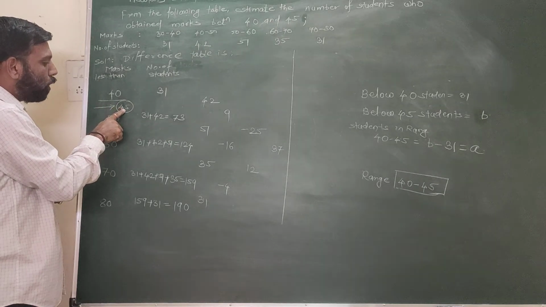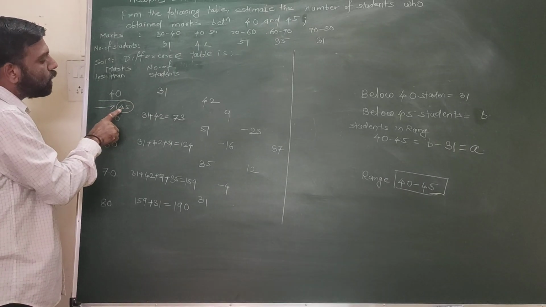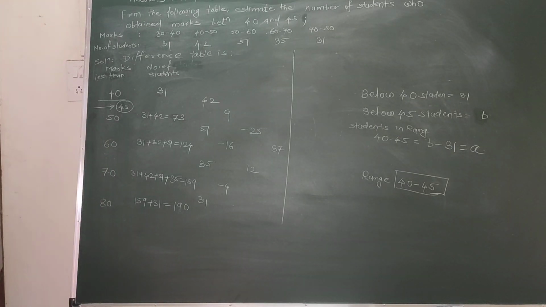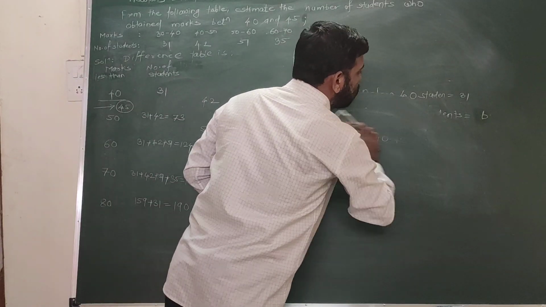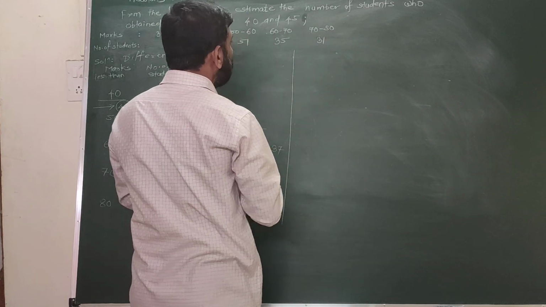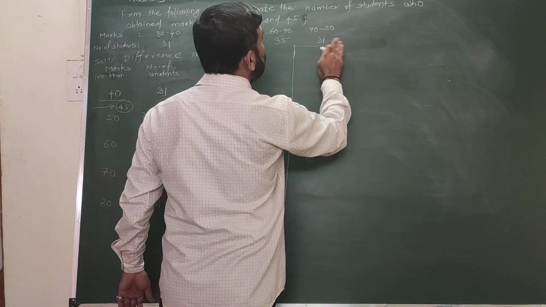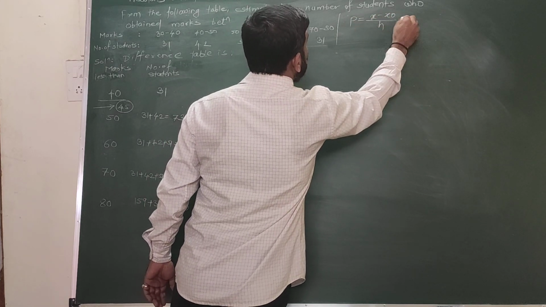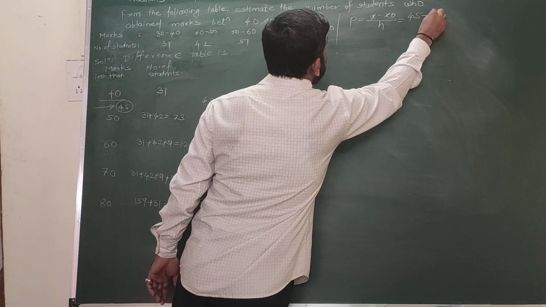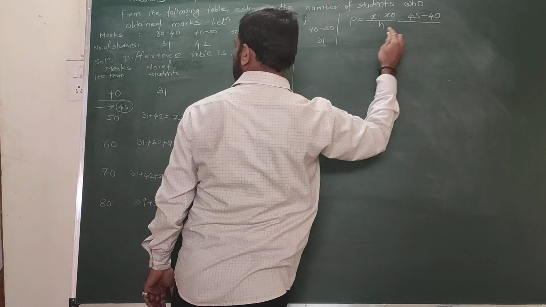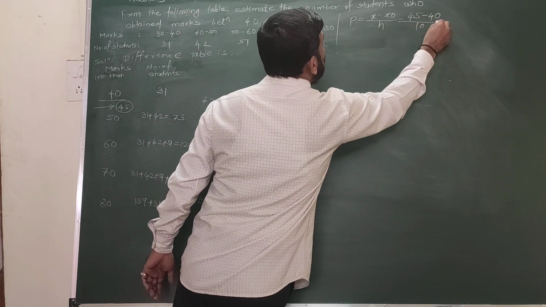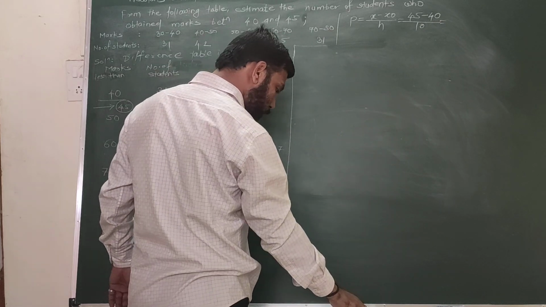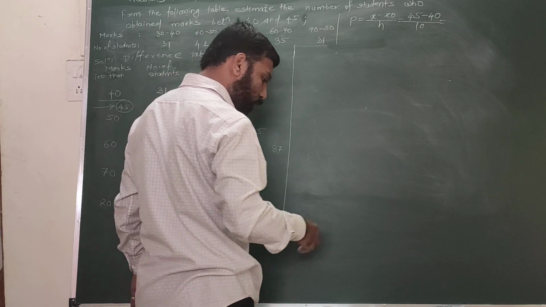Now I have to find how many students are below 45. For this discussion, I am starting: value of P is equal to x minus x0 upon h. Value of x is 45, x0 is 40, h the difference is 10, and 5 divided by 10 is 0.5.